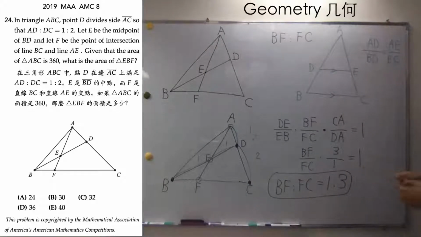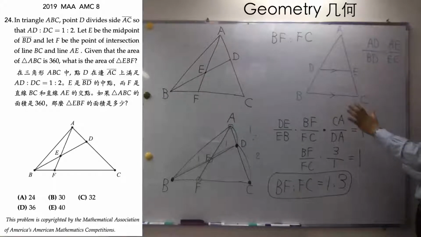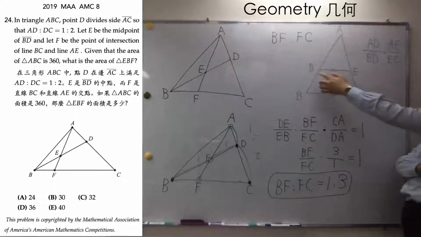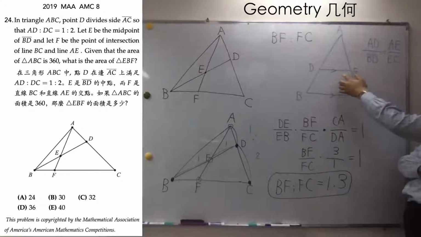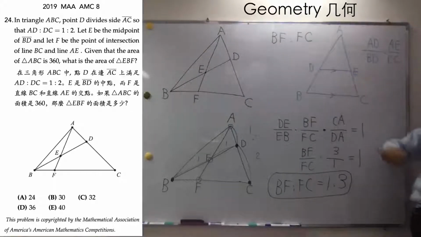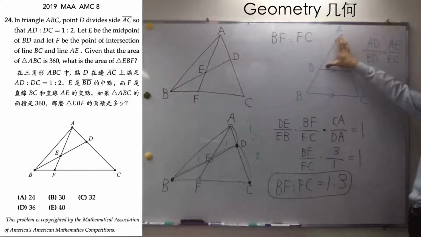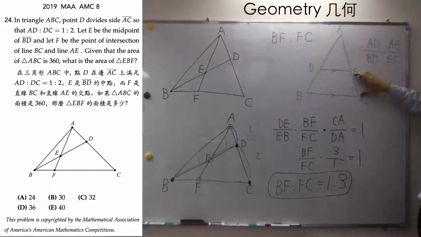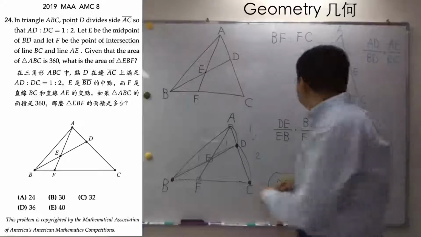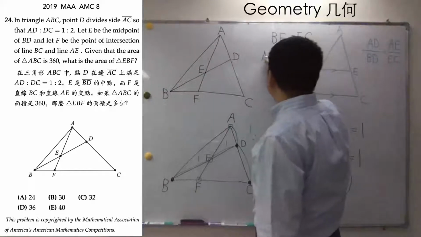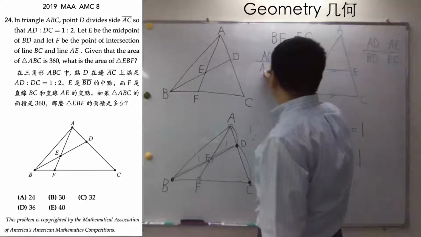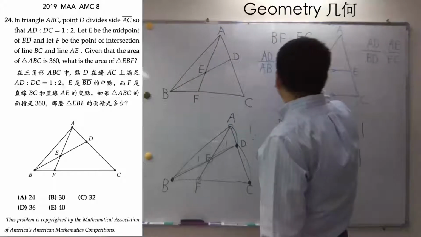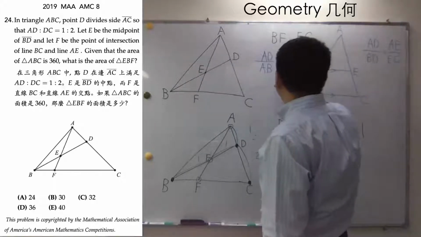So here, the blue picture is a typical baby model. You'll have two parallel lines. Then the two ratios are the same, which is AD versus DB equals AE versus EC. Or a similar one, we can write also as AD versus AB equals AE versus AC.